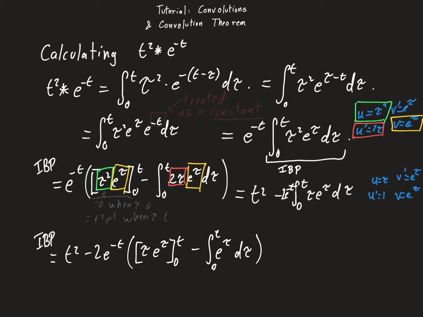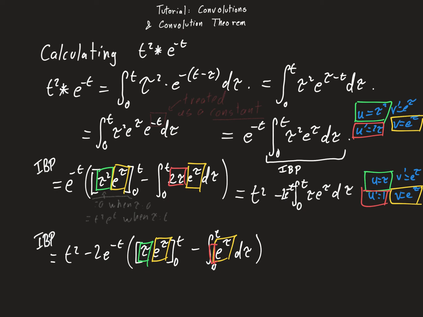And once more to color code where everything is coming from. This guy is this guy. This guy is both this and this. And this one is exactly what's being sort of implied right there.